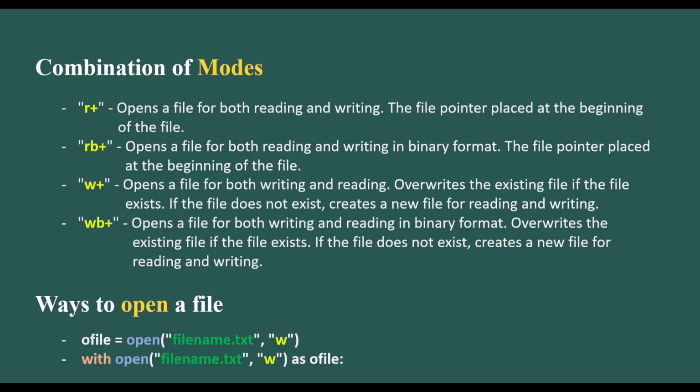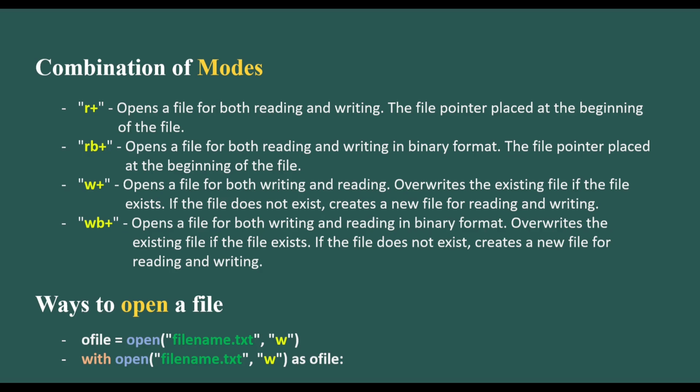The difference between these two ways is that in the second way we don't have to bother about exceptions or closing the file. It will automatically close the file. But if we go with the first approach, then we need to close the file manually after all the operations are done.